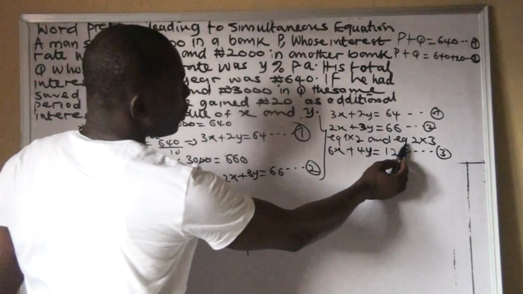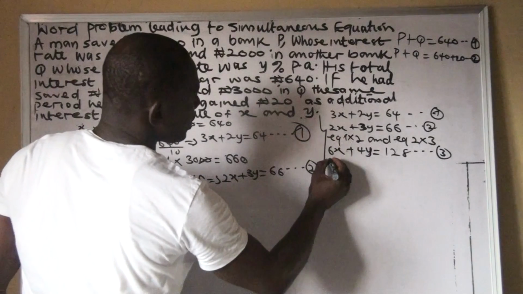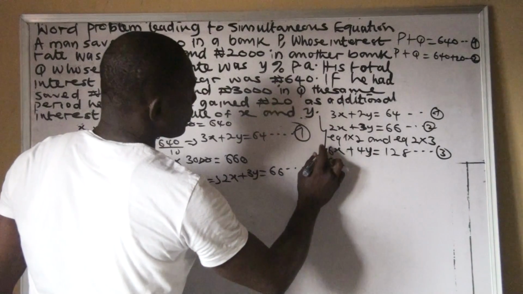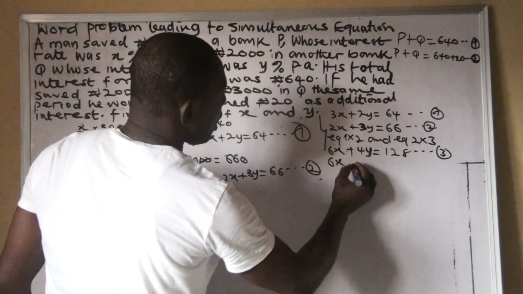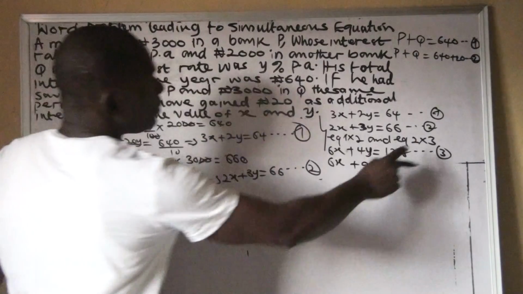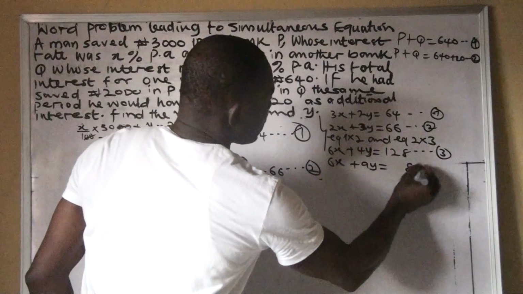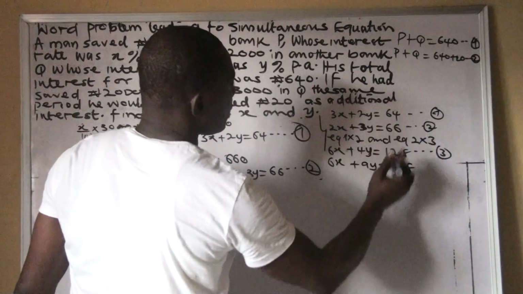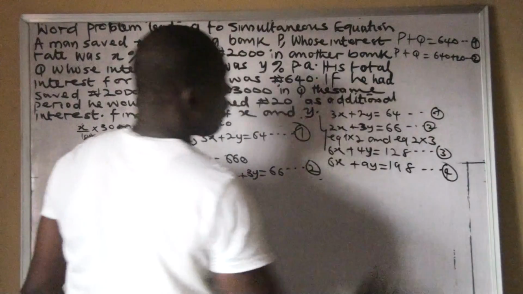Here we said equation 2 times 3. So 3 times 2x gives us 6x. 3 times 3y gives us 9y. Then 3 times 66 gives us 198. This becomes equation 4.